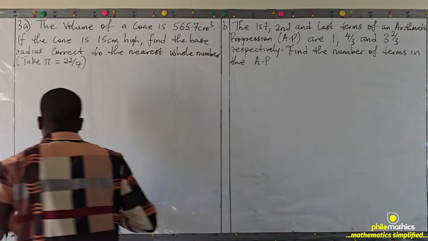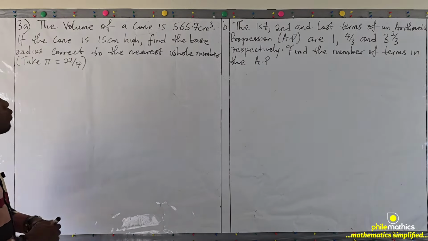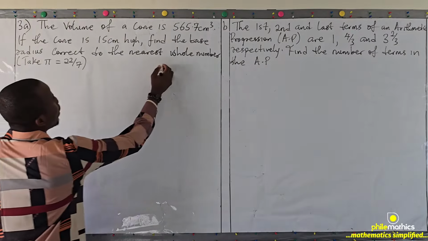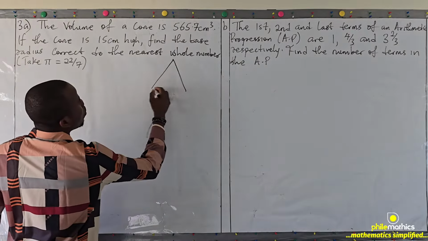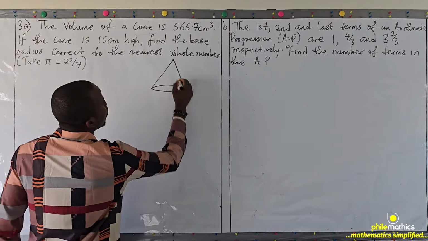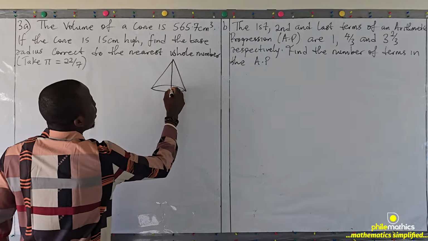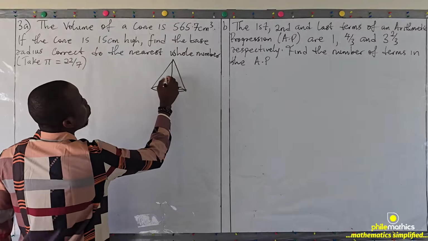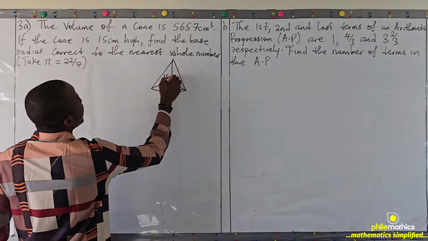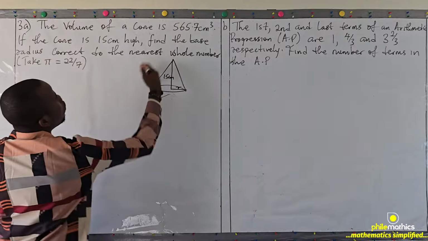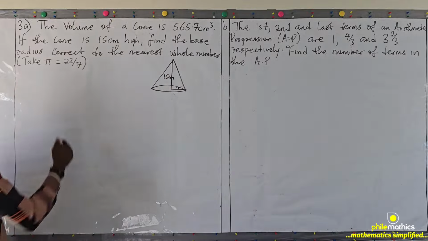So you want to recall the formula for the volume of a cone. Remember, a cone has height and the base radius. This is what we are looking for. We are given the height as 15 cm and we are given that the volume is 565.7.